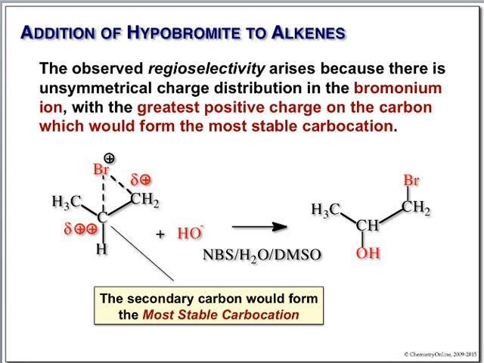Bottom line, when you have alkyl groups attached, it can spread out the charge better, just like a tertiary carbocation is better than a secondary, better than a primary. So here we have a primary carbon and a secondary carbon. There'll be more positive charge here. So this is the carbon that would give the most stable carbocation, and that's why the hydroxyl group attacks there.